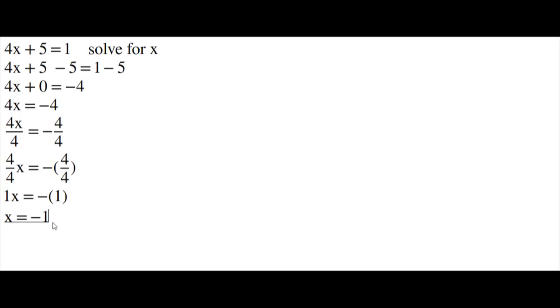Alright, so how do you know this is the answer? Well, now that you simplified it, and now that you worked all the steps and went meticulously cutting down steps and simplifying it, what you do now is plug in your -1 into here.